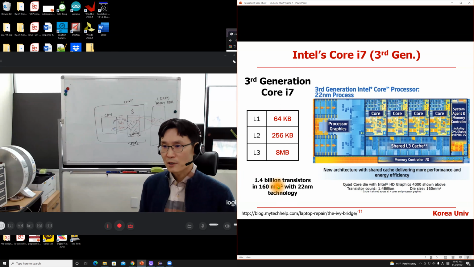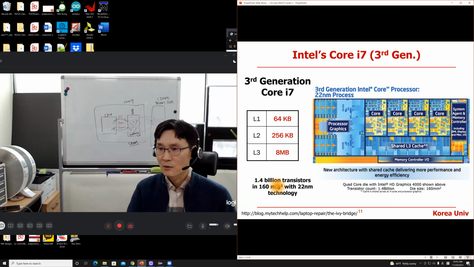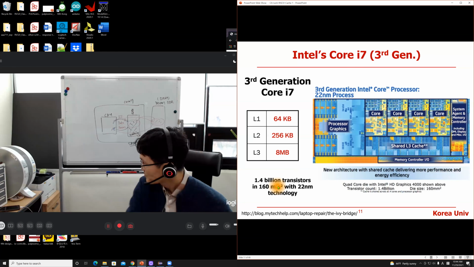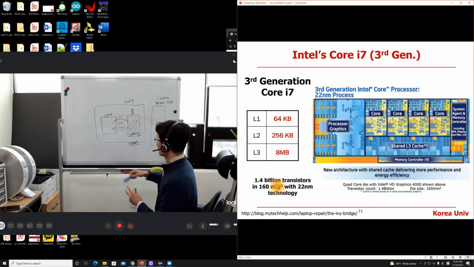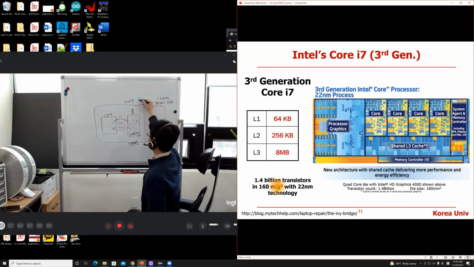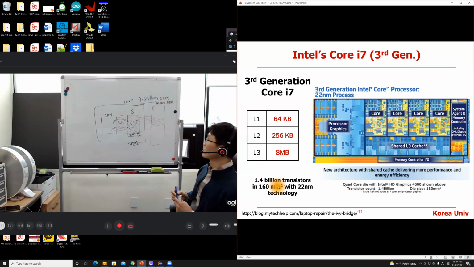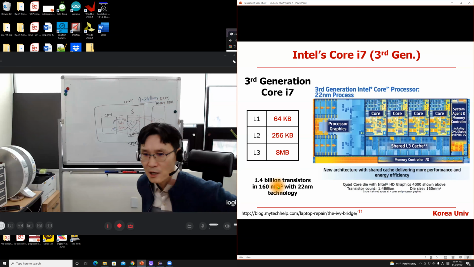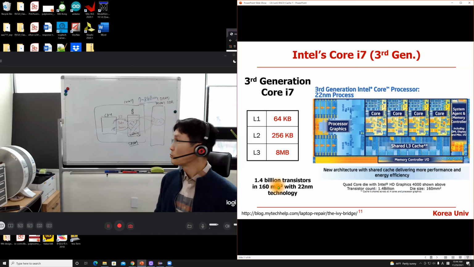How many people live on Earth? 8 billion, I think. 7 to 8 billion people live on Earth, right? And look at the transistor count, 1.4 billion.